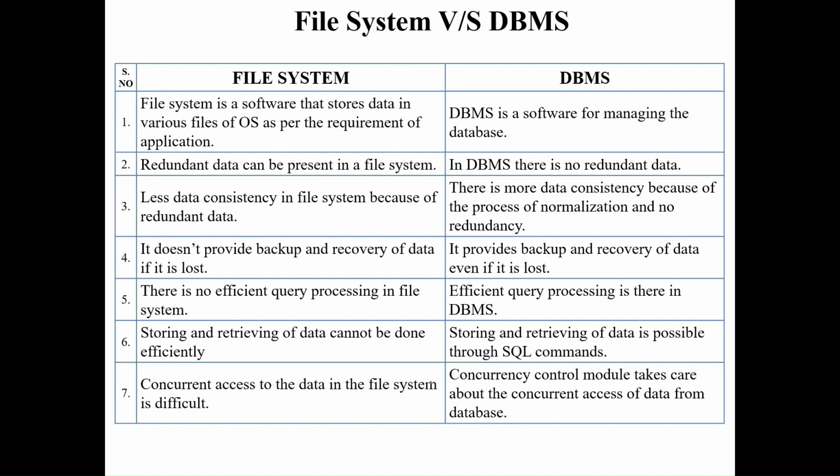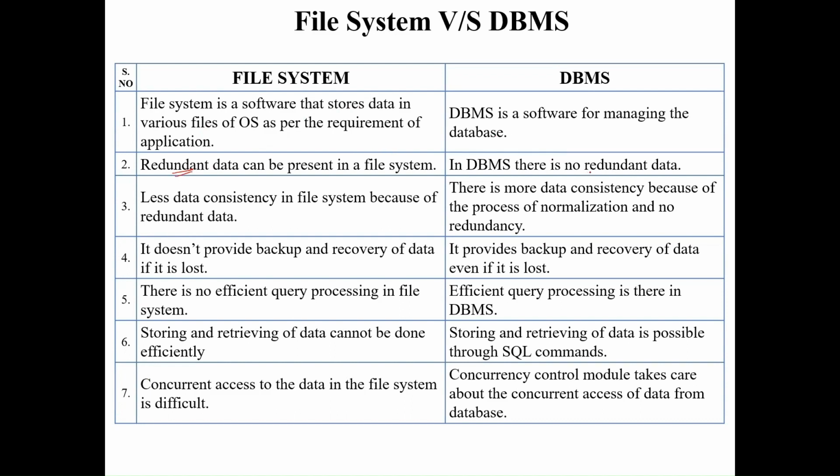Now, what is the difference between the file system and the database management system? A file system is software that stores data in various files of the OS as per the requirement of the application, whereas DBMS is software for managing the database. Because of the different kinds of files we create for different applications, redundant data can be present in the file system.